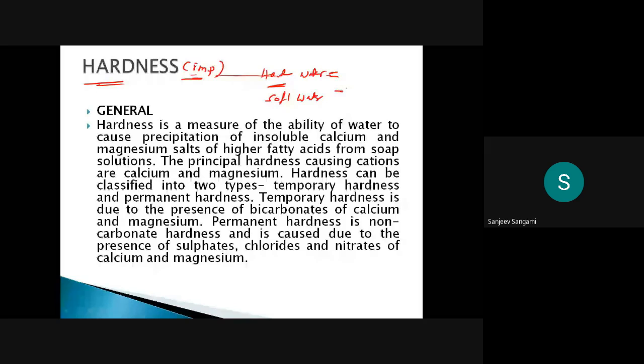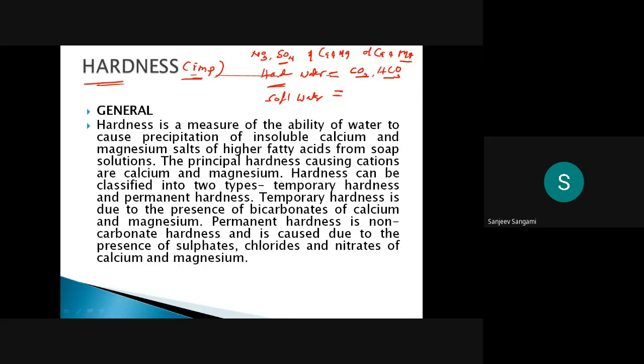Then which ions are causing the hard water? Say, why is the soap not giving foam or lather? It is because of carbonates CO3 and bicarbonates HCO3 of calcium and magnesium, and nitrates NO3 and sulfates SO4 of Ca and Mg.